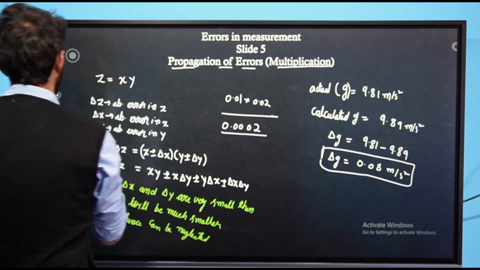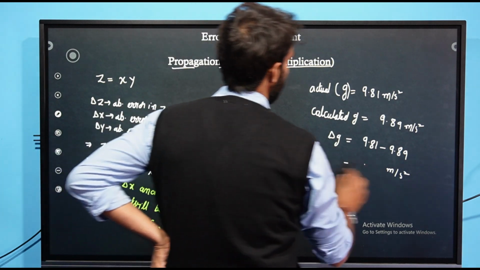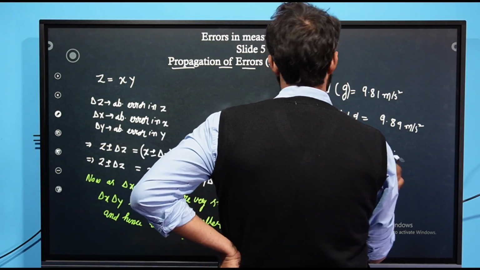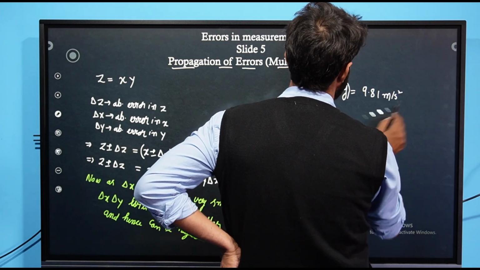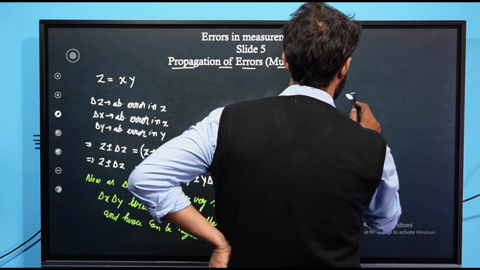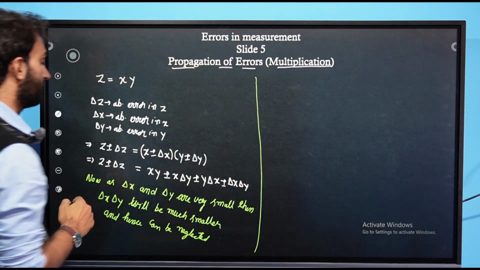Okay, so then what do we write this equation as, if we have to neglect that? Okay, delta x delta y, so then what do we write it as? Let's see how we can write this equation now.